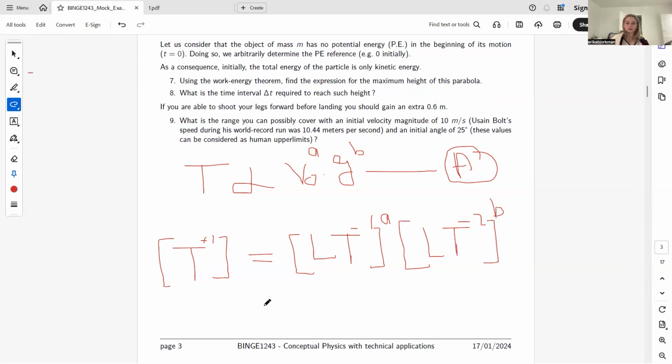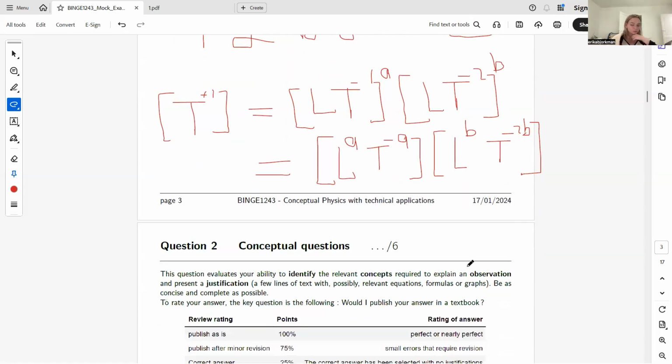Similarly, we need to multiply the exponents internally, then our equation will become L to the power a, T to the power minus a, and on the other side L to the power b, T to the power minus 2b. In the next step, you need to multiply these values internally.